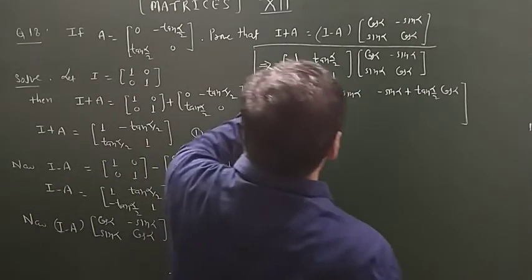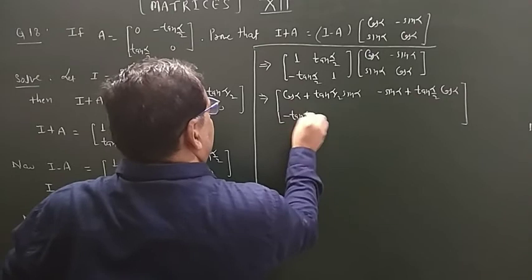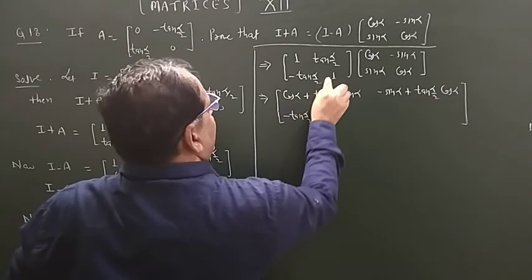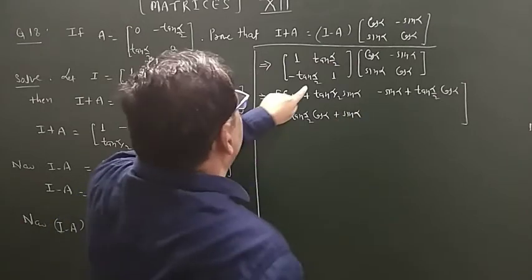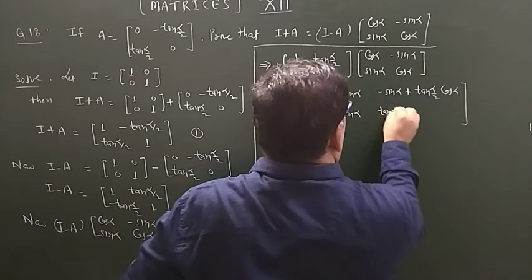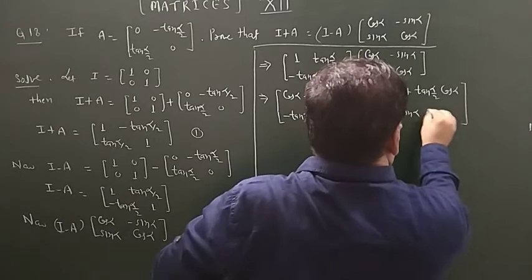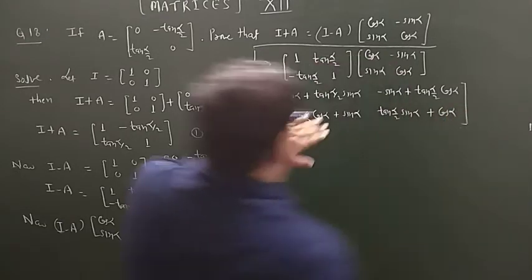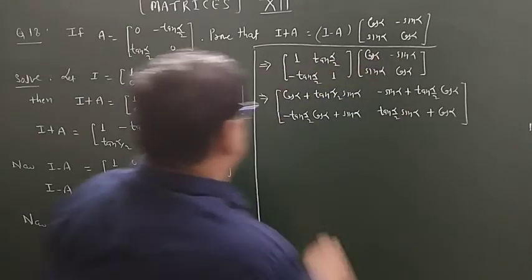Again minus tan alpha by 2 multiplied with cos alpha, so minus tan alpha by 2 cos alpha plus 1 into sin alpha, that means only sin alpha. Again minus tan alpha by 2 multiplied with minus sin alpha, so tan alpha by 2 sin alpha plus cos alpha. This is obtained after multiplying this matrix by this matrix.